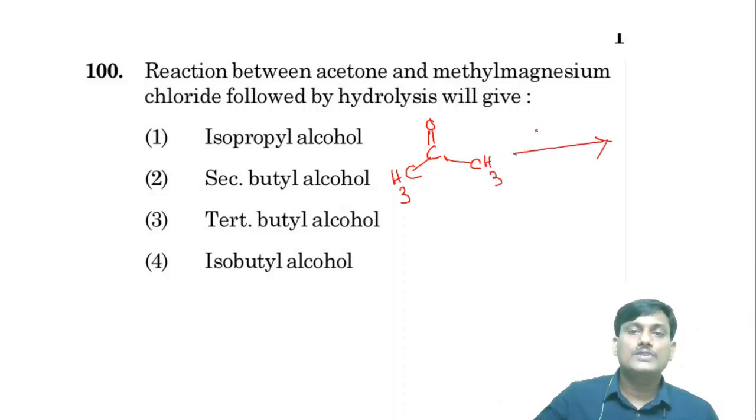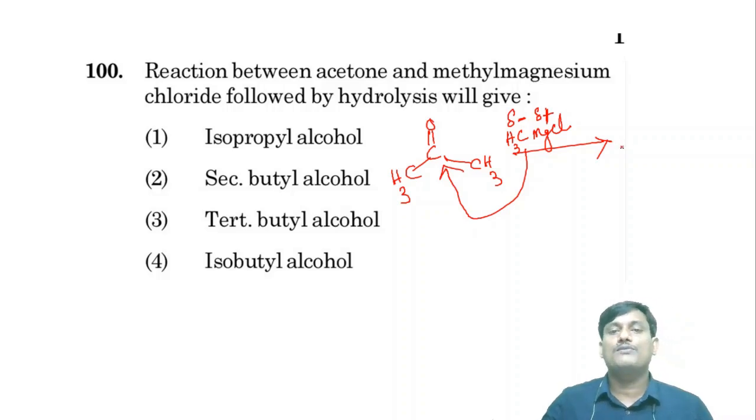The Grignard reagent is CH3MgCl. Here CH3 gets a partial negative charge and magnesium gets a partial positive charge. This can act as a nucleophile and attacks the electrophilic center, that is carbon.